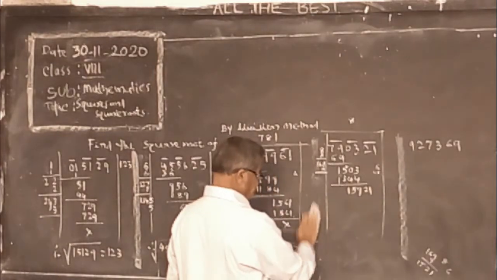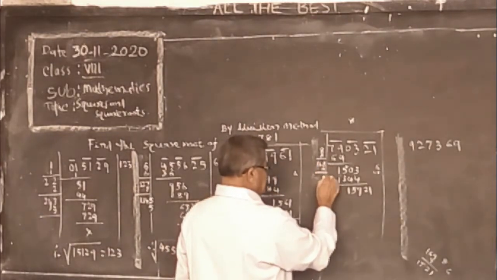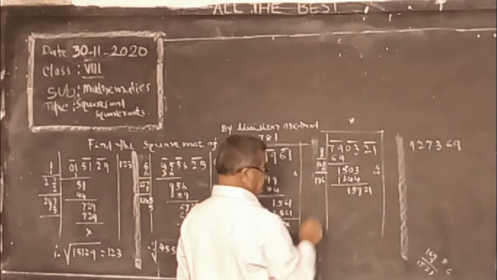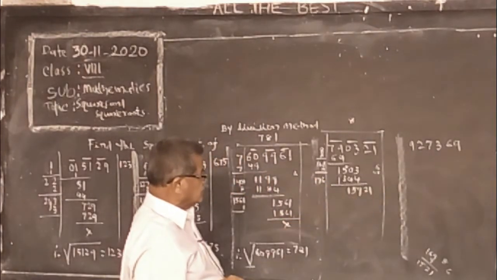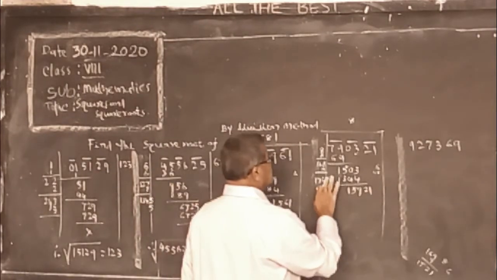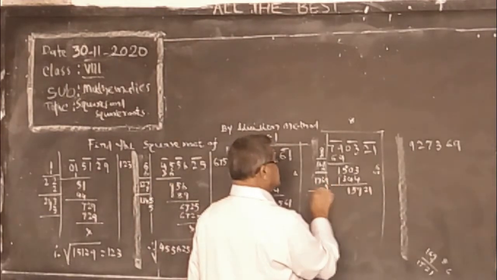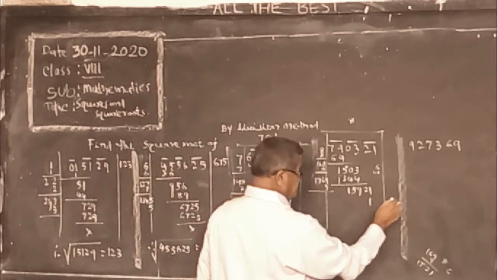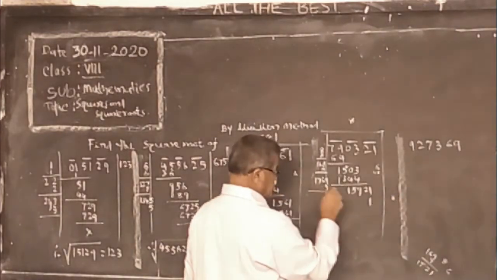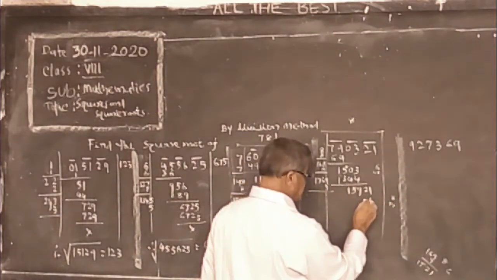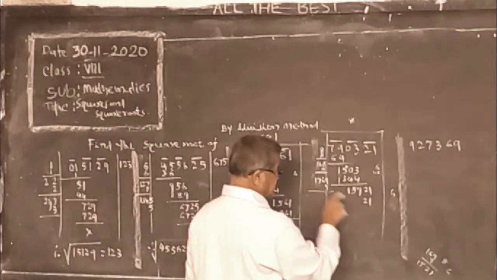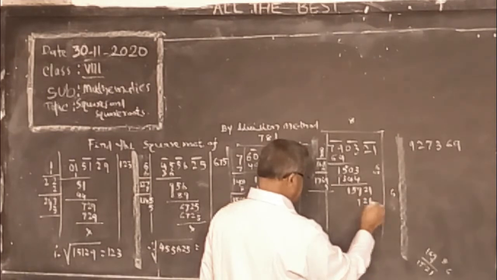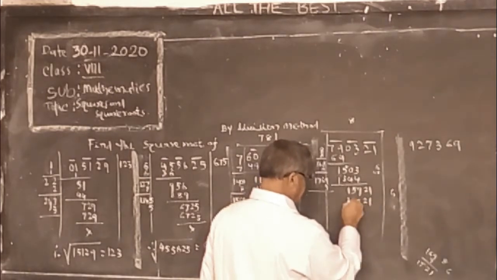Add 16, 7, 1. Now, the last digit is 1. It is possible with 9. 9 9s are 81. 9 4s are 54. 8, 62. 6. 9 7s are 63. 6, 69. 9 6s are 15.